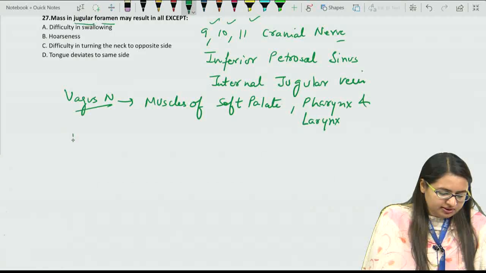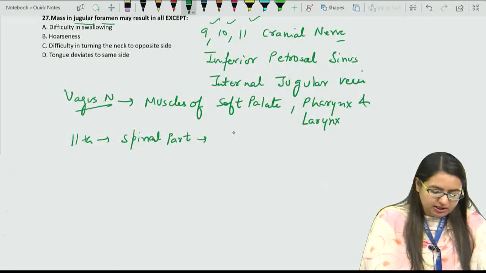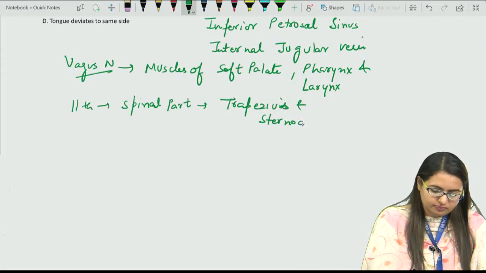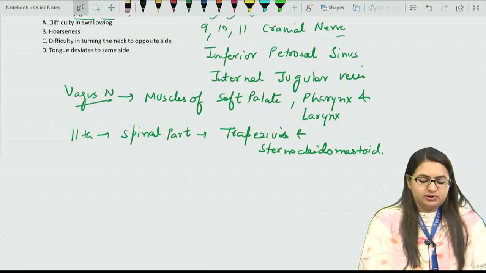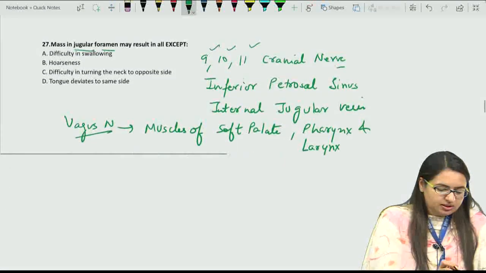Apart from this, the spinal part of the 11th cranial nerve supplies the trapezius as well as the sternocleidomastoid. So when these two nerves are involved, it will affect the structures supplied by them.